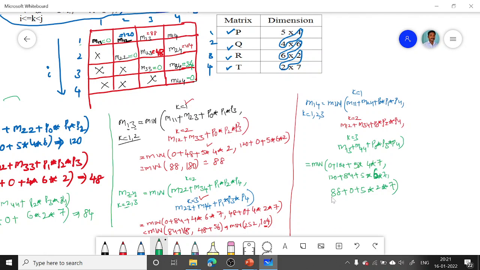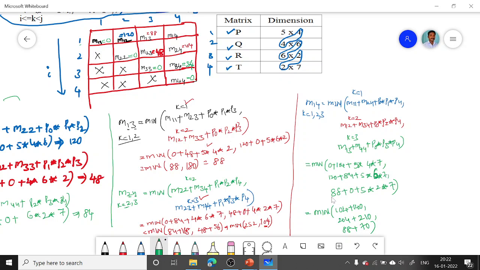Okay, so now once again you will find the minimum of, so 5 into 4, 20, 20 into 7, 140, so 104 plus 140, comma, and here 120 plus 84, nothing but 204, plus 5 into 6, 30, 30 into 7, 210, comma, and here 88 plus 5 into 2, 10, 10 into 7, 70.